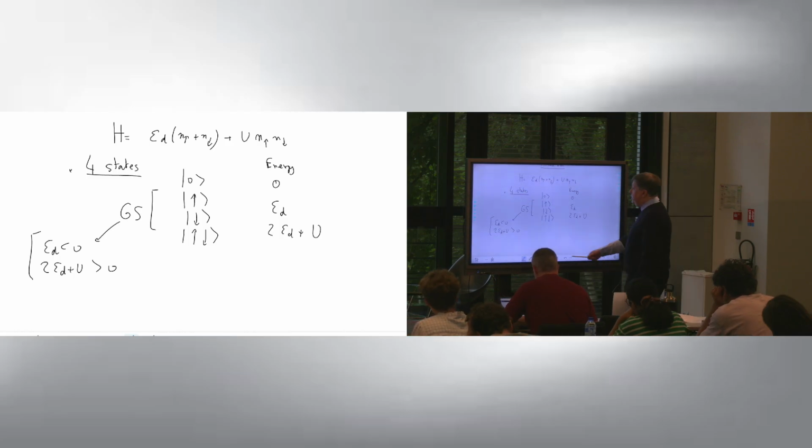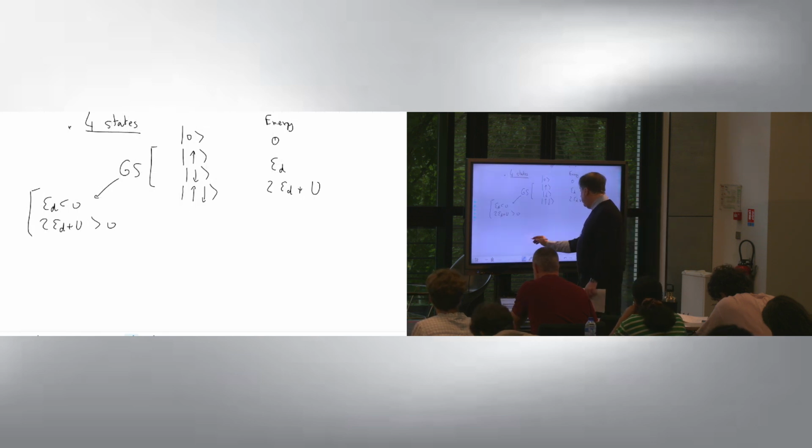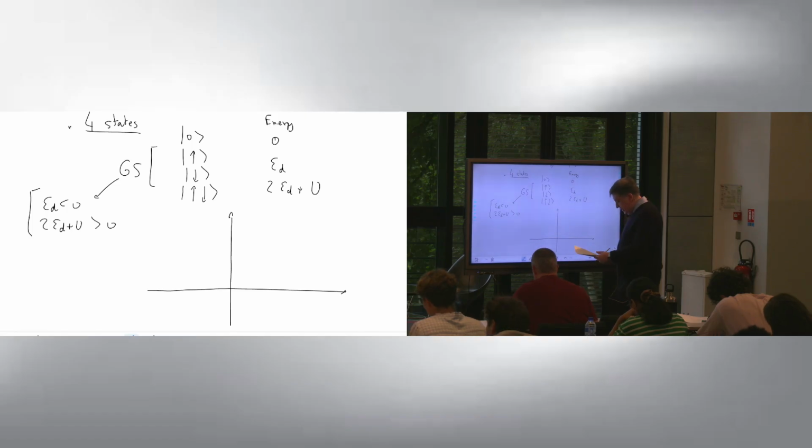You will have a ground state with 1 electron, and therefore the transitions that you will see in the Lehmann functions are the transition from these states to the 0, removing the electron, or to the doubly occupied state, meaning adding an electron. As a result, your spectral function will look something like that.